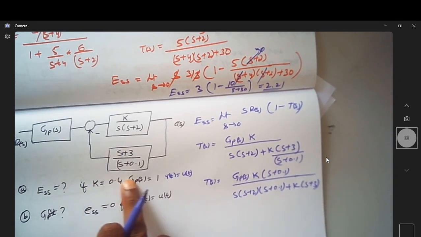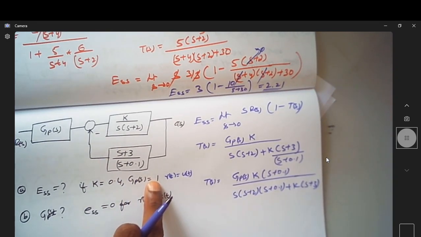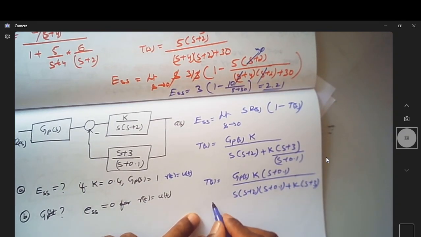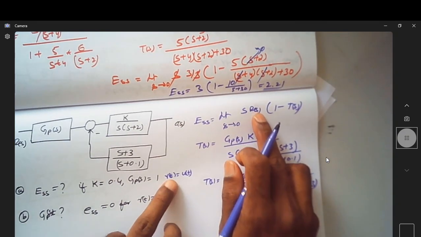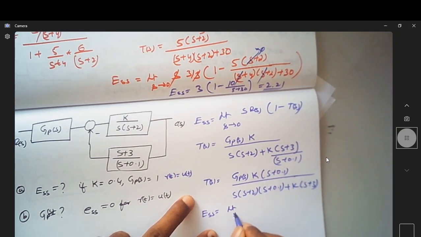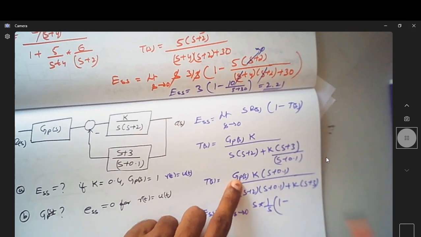In the first case they have given GP(s) as 1 and K is 0.4. So with R(s) as 1 over s, ESS now comes out to be limit of s tending to 0, s into 1 over s, 1 minus, so what will this be?